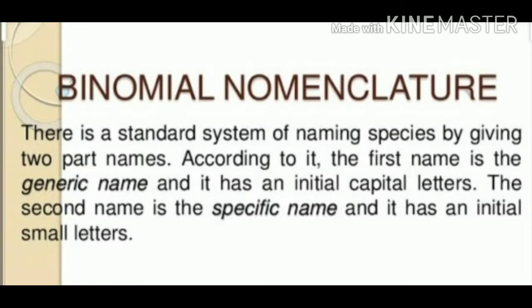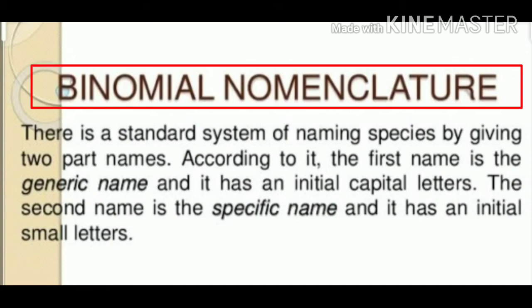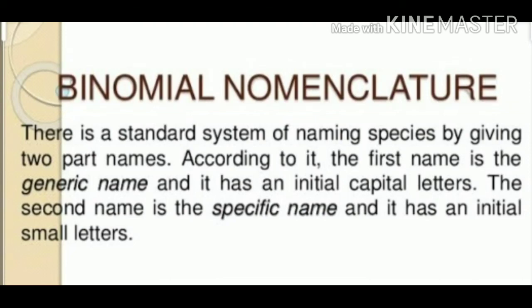Why is Carlos Linnaeus known as the father of taxonomy? He introduced a system of writing scientific names of living organisms. This system is known as binomial nomenclature. What is binomial nomenclature? Bi meaning two and nomenclature meaning name.